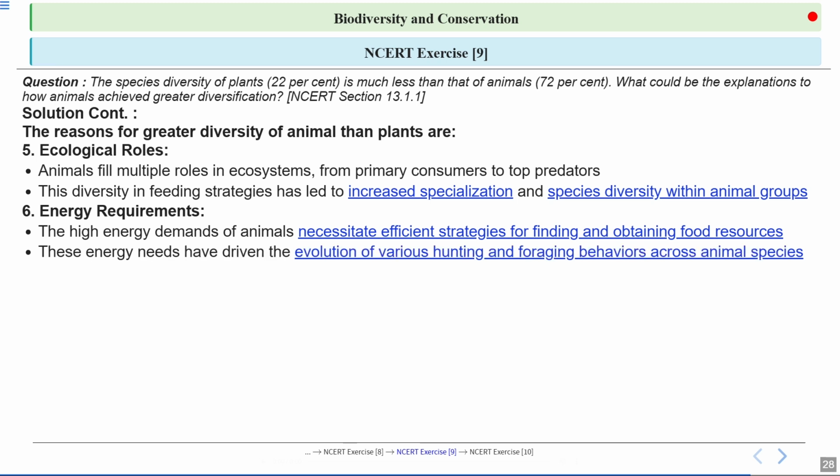Now, these energy needs have driven the evolution of various hunting and foraging behaviors across animal species. So, we can say animals have developed different ways to hunt and find food over time because they need energy to survive and grow. These behaviors, like hunting or gathering, evolved as a result of their need for energy, and these habits help them adapt to their environment and improve their chances of survival.